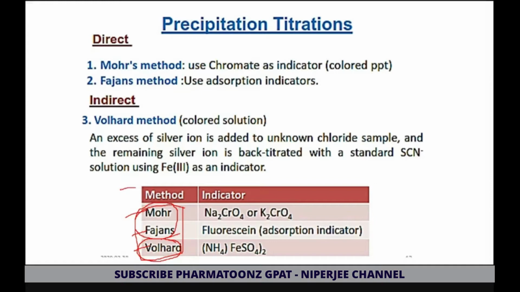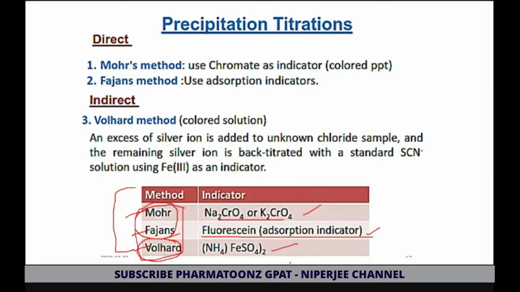So why are these three methods different? They differ based on their indicators. Again, this is very important. In Mohr's method, sodium chromate and potassium chromate act as an indicator. In Fajans method, fluorescein acts as an indicator, which is called an adsorption indicator. Adsorption means it adsorbs on the surface.